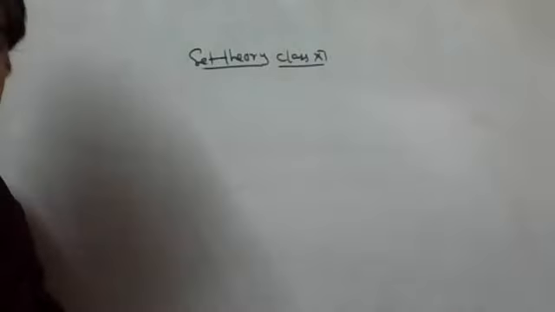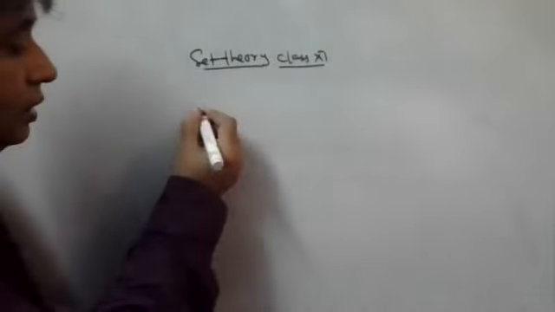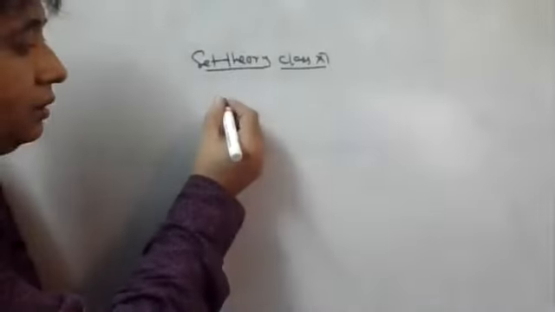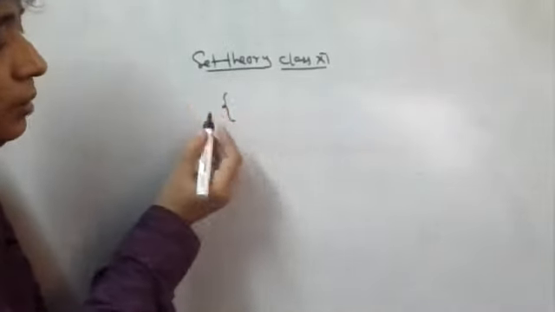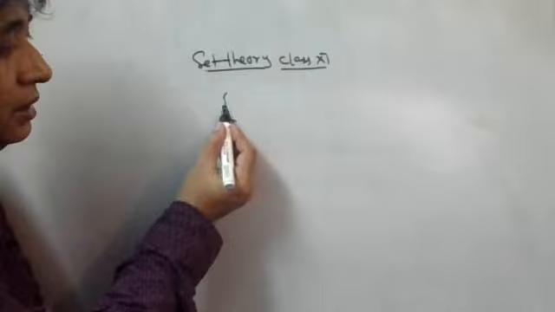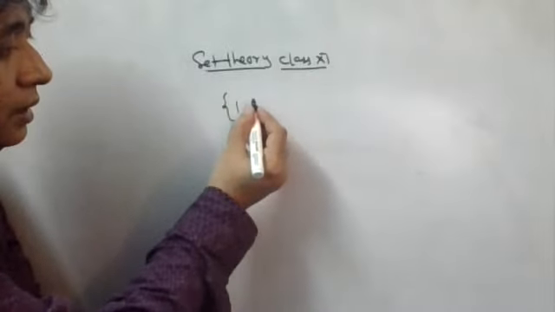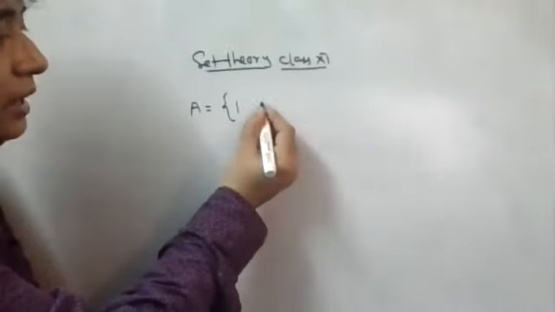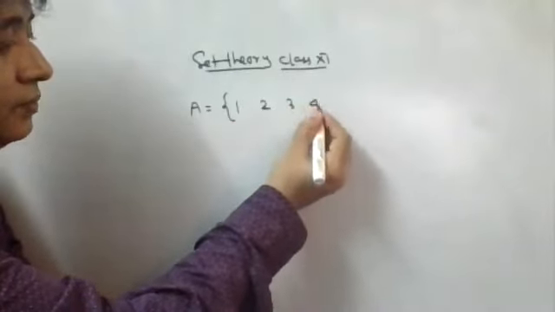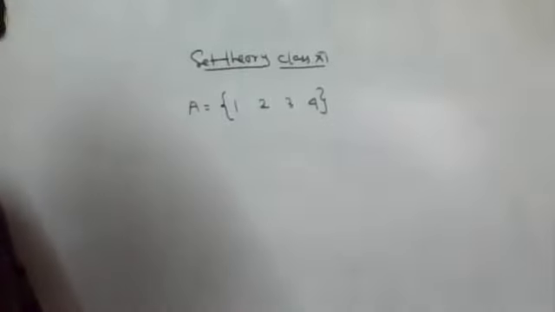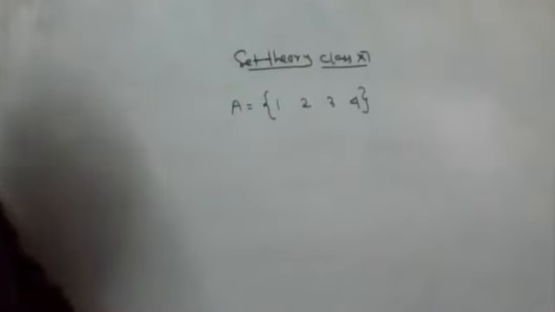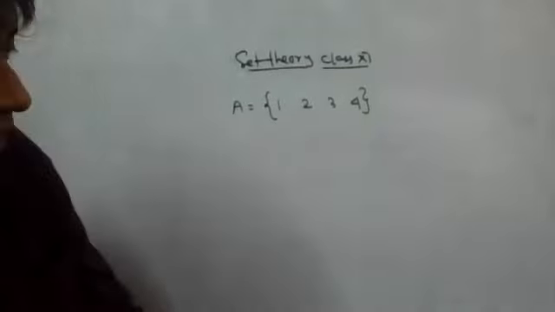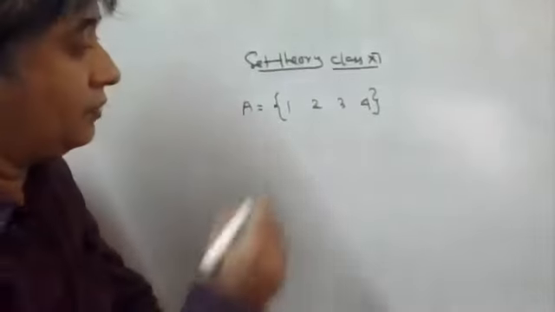Now, suppose a set will start with a curly bracket. Suppose a set A contains 4 elements. It starts with a curly bracket and ends with a curly bracket.